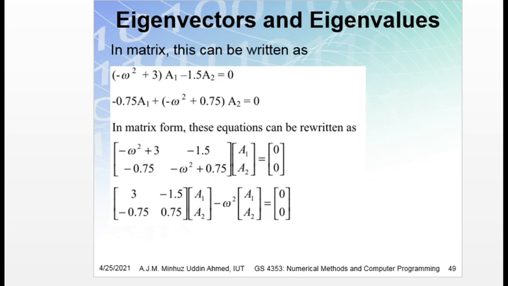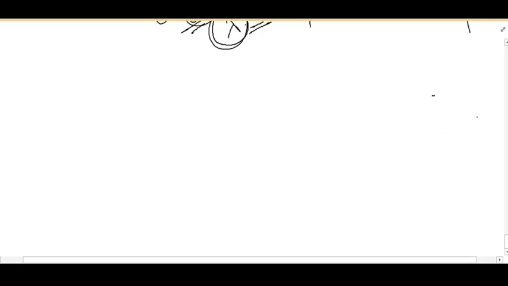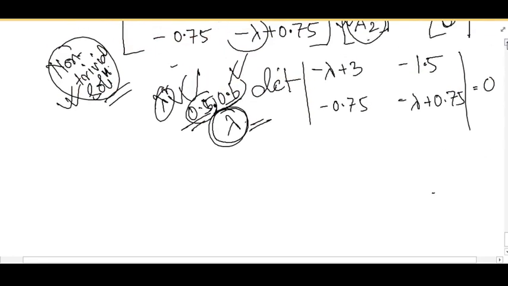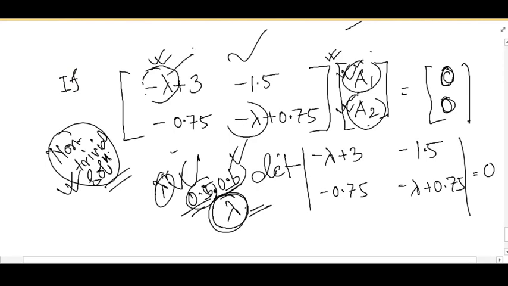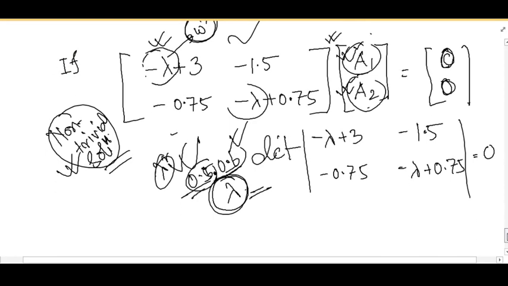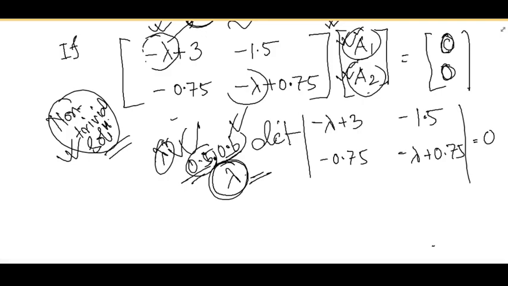And this minus omega square, we use this omega square as lambda, as we have shown in the example, as you can see here. This is the same equation which we have used here to make you understand about this. Lambda is nothing but the omega square. For making you understand about this, we have used lambda, and this lambda corresponds to the eigenvalues, as you can see.